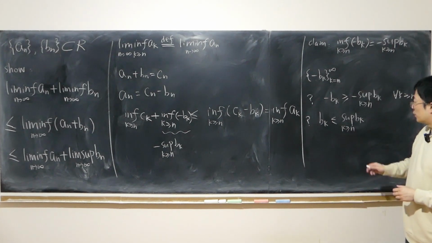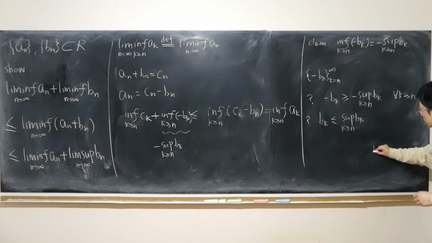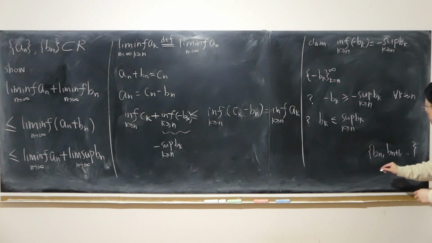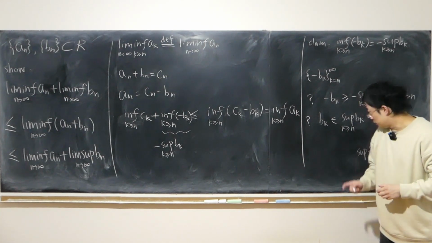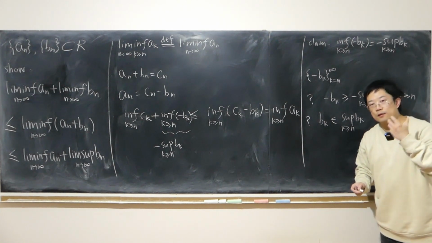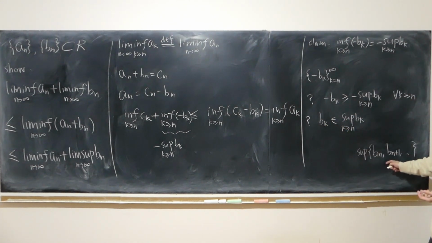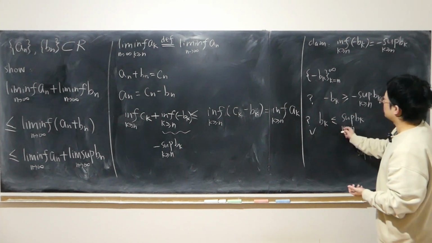This is automatically true because supremum of Bk is the supremum of this set, right? This element, so on and so forth. So supremum is the smallest upper bound. It is an upper bound anyway. So an upper bound is bigger than or equal to any element from here. This is automatically true. Right? This is true.